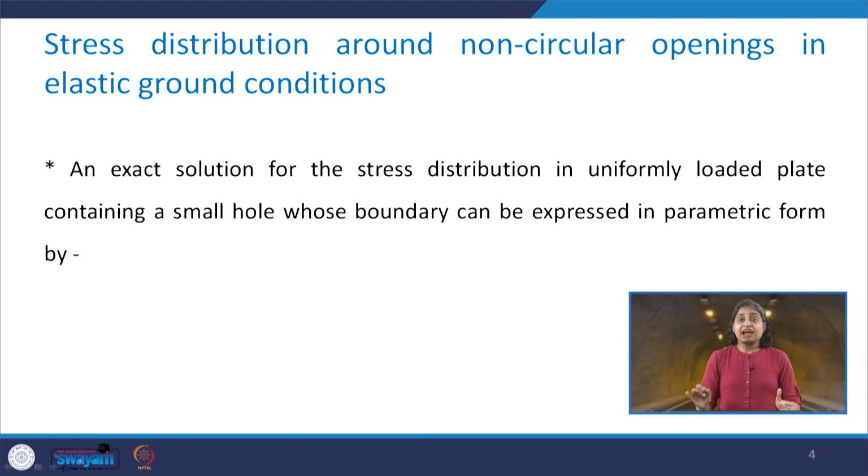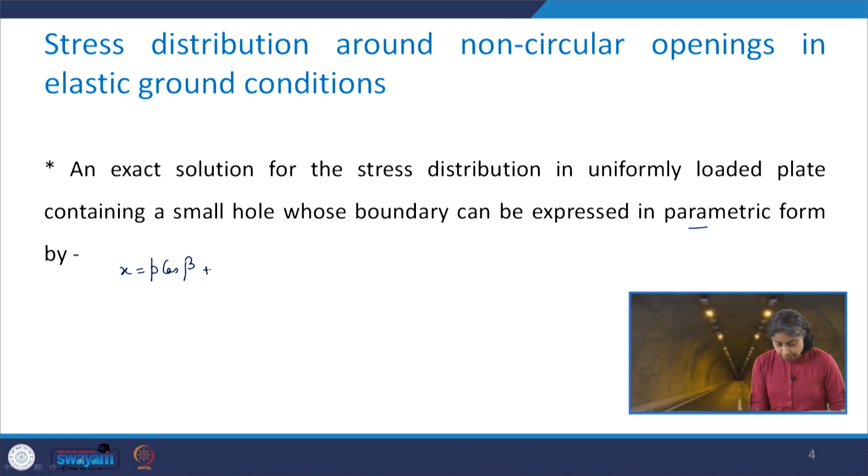So the exact solution for the stress distribution in such a uniformly loaded plate which contains a small hole, whose boundary can be expressed in parametric form by these two expressions, is given as x equal to p cos beta plus r cos 3 beta.